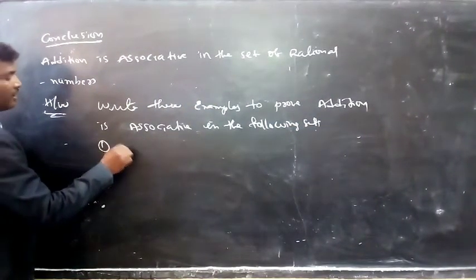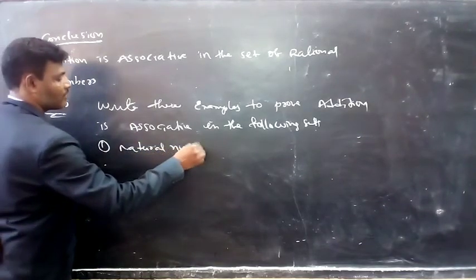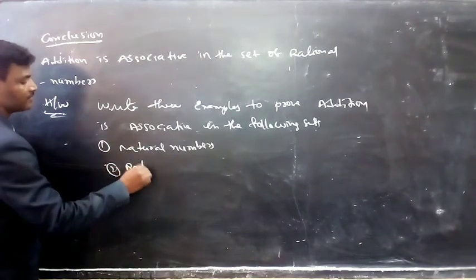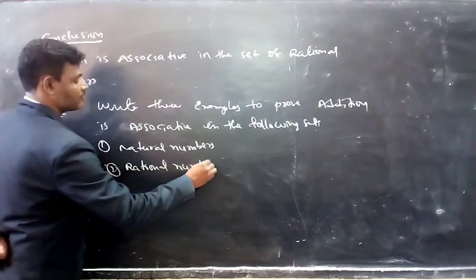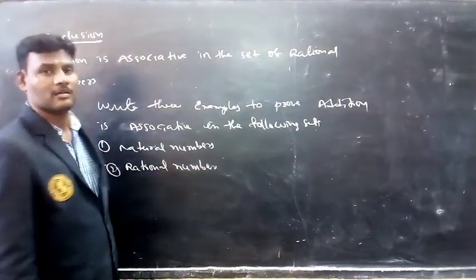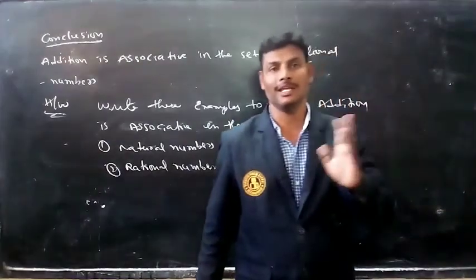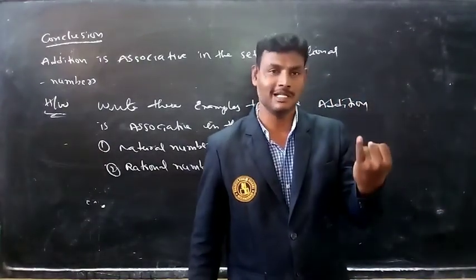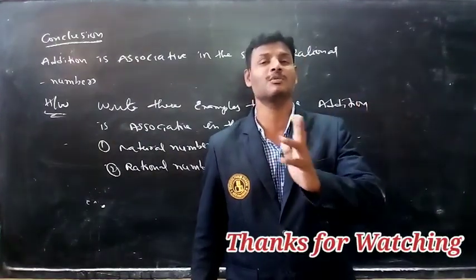Number 1, natural numbers. Number 2, rational numbers. So what is the homework? Write the examples to prove addition is associative in the following sets: natural numbers and rational numbers. You have to give 3 examples to each and every set.